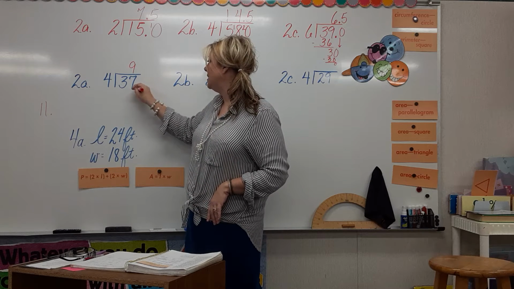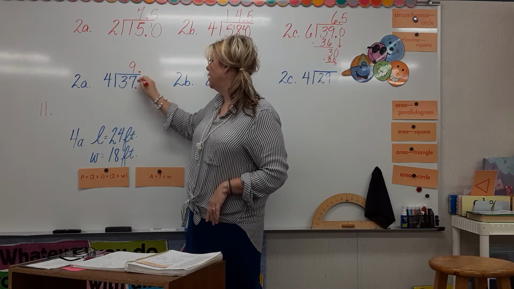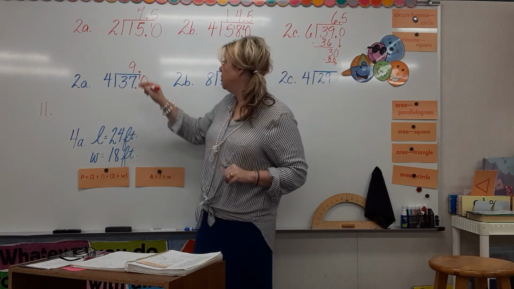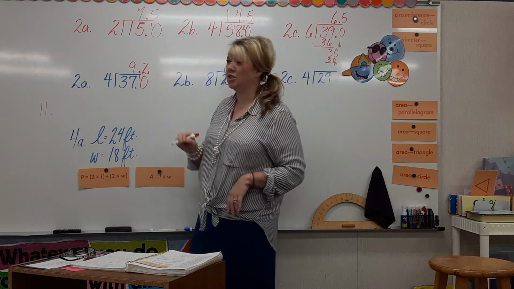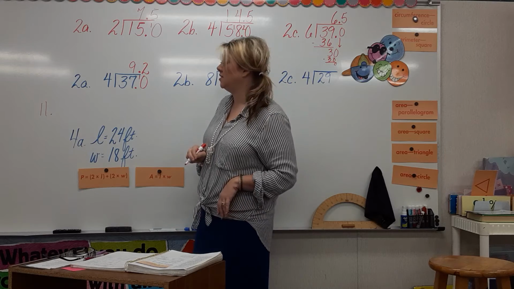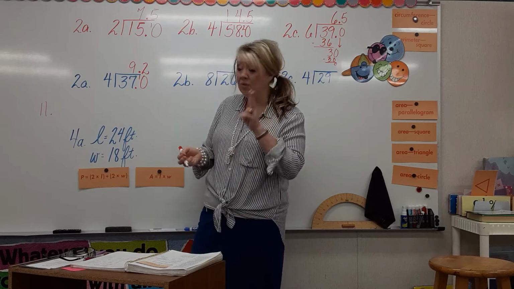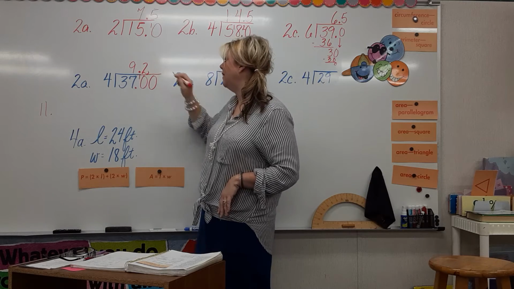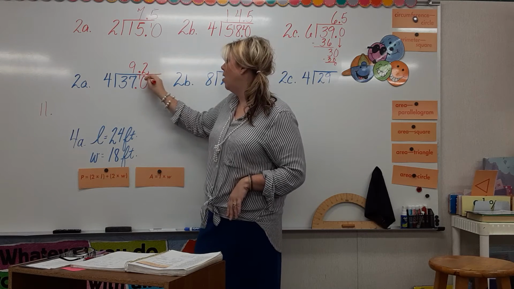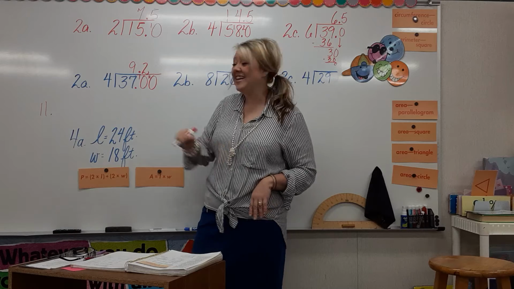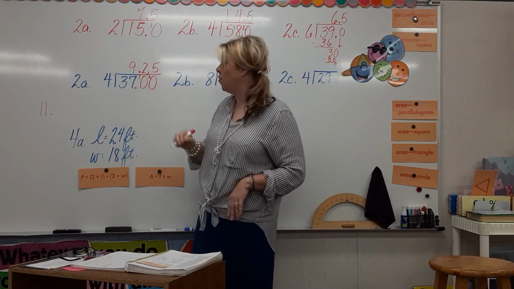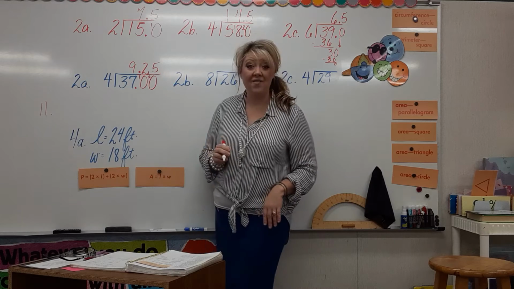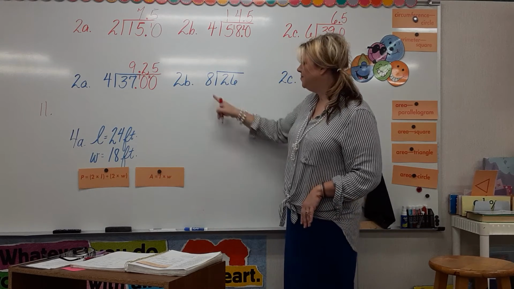I'm going to go ahead and add a decimal and a 0. 4 goes into 10 2 times. We're still not done because 2 times 4 is 8, which means I've got 2 left over. So I'll add yet another 0, extend my line. And now 4 goes into 20 5 times, and 5 times 4 is 20, so my answer is completed. 9 and 25 hundredths. Let's move on.